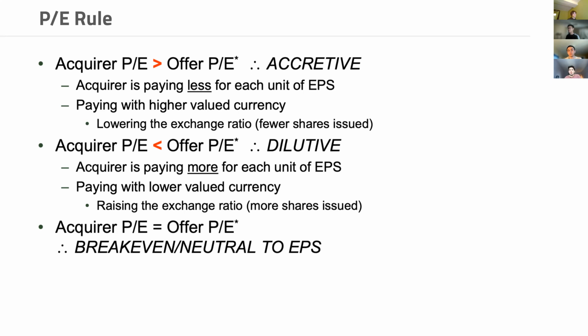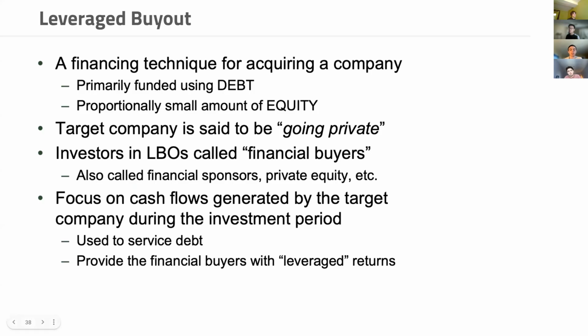You have to do a little legwork and understanding yourself, because it's quite easy to remember this PE rule, this rule of thumb for interviews, but knowing why it is so is quite important as well. It all comes down to the earnings yield of the combined company, which is focusing on that EPS again, like we talked about earlier. I guess I would add, you don't always use price to earnings too.